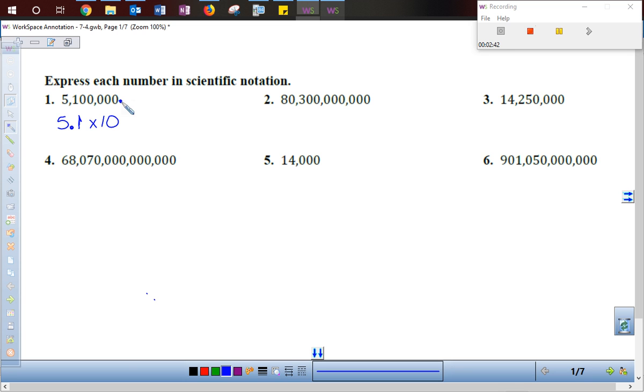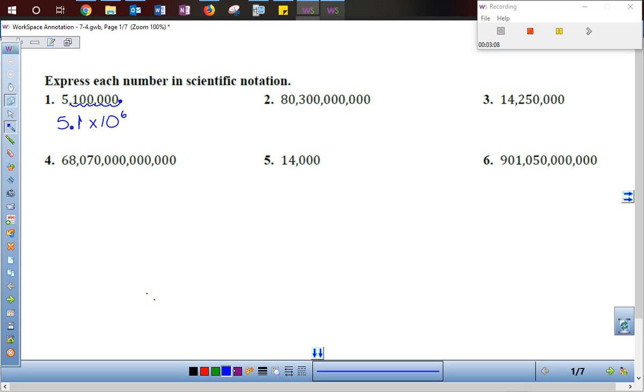To figure out what the exponent's going to be, you really just need to figure out how many places your decimal moved. Now if your decimal moved to the left, which means that my number is a big number, my exponent's going to be positive. So if I count here, we go 1, 2, 3, 4, 5, 6 places. So that's 5.1 times 10 to the 6th.